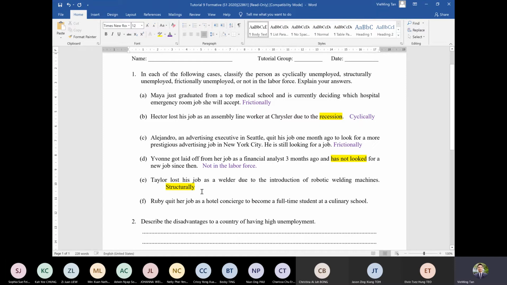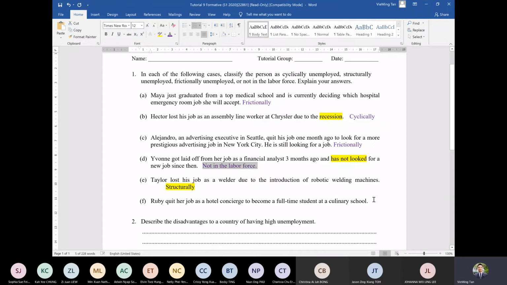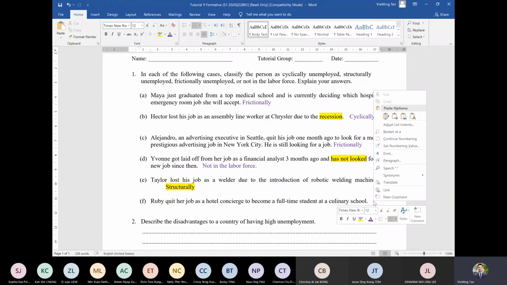Okay, F, we go back to Johanna again. Ruby quit her job as a sous chef to become a full-time student at a culinary school. Not in the labor force. Yes, correct. Because Ruby actually would like to be a student again, so she should not be counted in the labor force anymore at the moment.